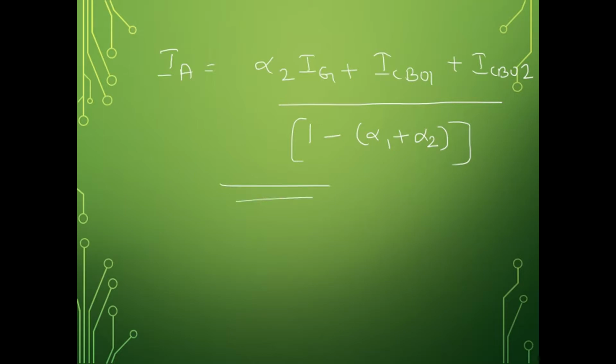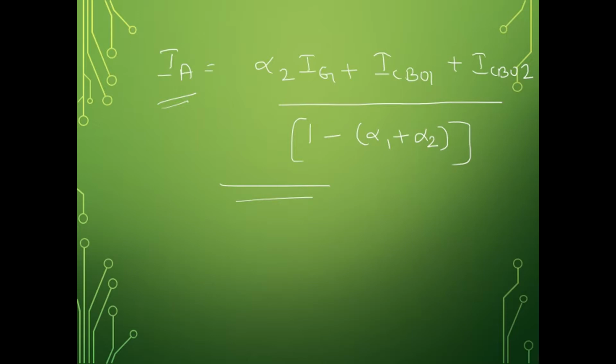Now we have observed that the anode current, or the total thyristor current, depends on the leakage current, on the gate current, as well as on the current gains of the individual transistors.